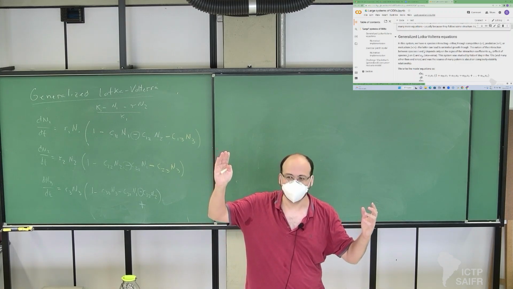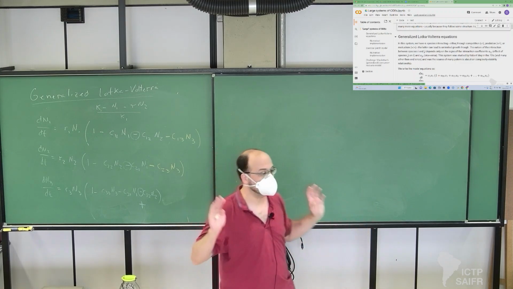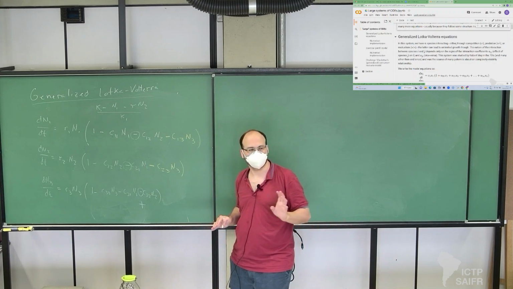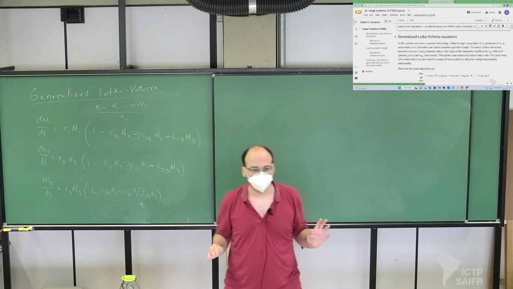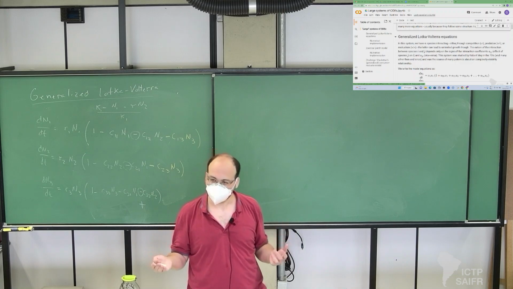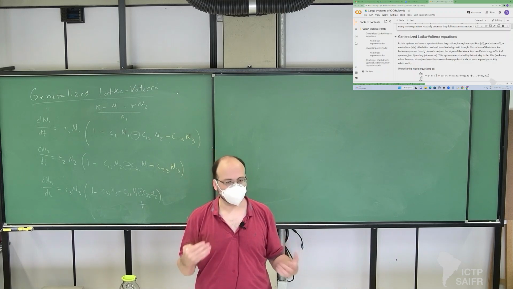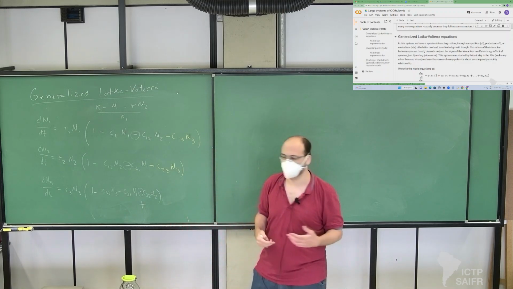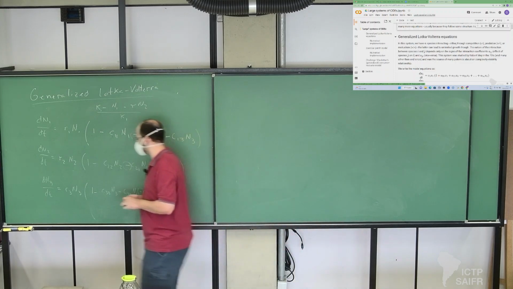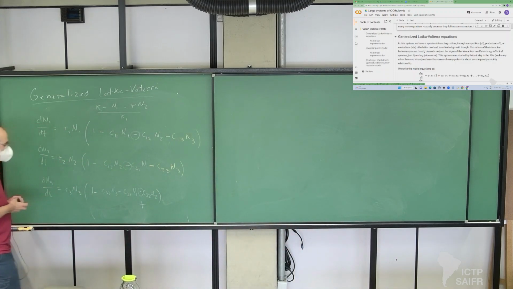That may happen if you're not careful with the parameters. So this is not the best model for mutualism because it has this kind of risk. If you wanted a model specifically targeted for mutualism, it would include more terms.